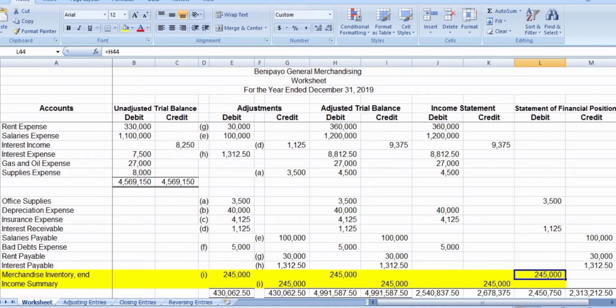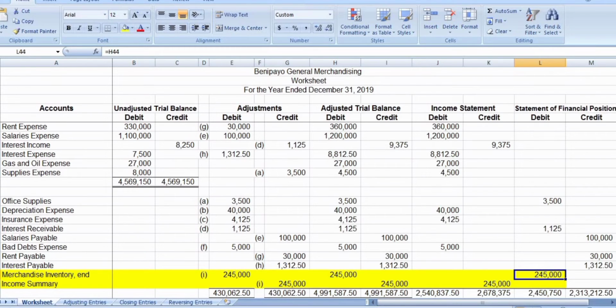And from that cost of goods sold computation, we also must know that since merchandise inventory end is subtracted from the total of merchandise inventory beginning and the net purchases, then the normal balance of merchandise inventory end in the income statement must be the opposite of the normal balance of merchandise inventory beginning and purchases. And therefore, credit is the normal balance of merchandise inventory end in the income statement.